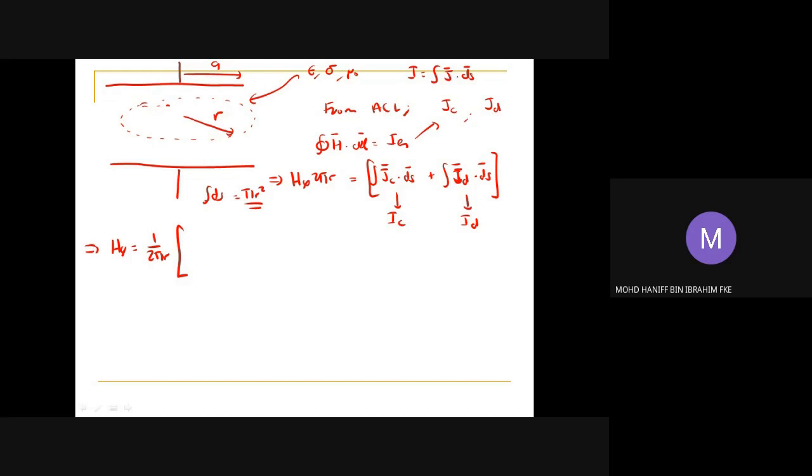So the JC dot ds integration equals JC multiplied with pi r squared, and similarly the second term will be JD multiplied with pi r squared. That will be the current said to enclose inside the Amperian loop of radius r.